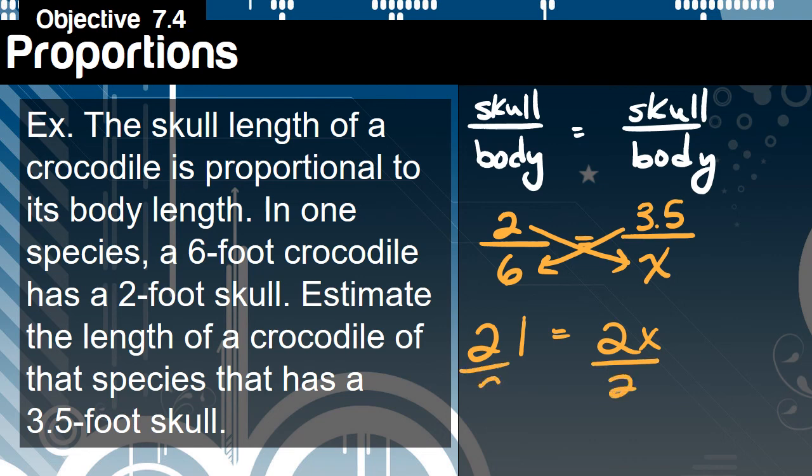We're going to divide both sides by 2. So x, which is our body, we're talking about an 11.5 foot body here. All we did was set up our proportion, cross multiply, and solve for x. We came out with x is 11.5.